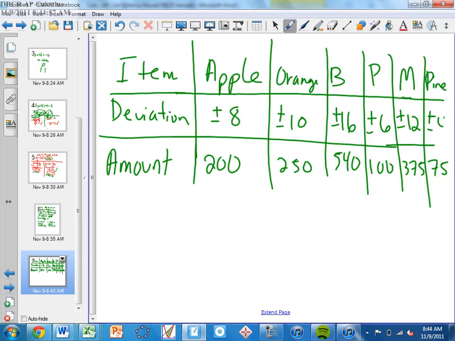Relax. Okay. So, looking at the table, we have 200 apples are sold every week, plus or minus 8. 250 oranges are sold, or 10 less, or 10 more. 540 bananas are sold, or maybe 16 more, or 16 less. So I'm giving you the tolerance level every week. So this guy knows how many to estimate he's going to sell. So every week, on average, the amounts are listed, but they can deviate from the norm.